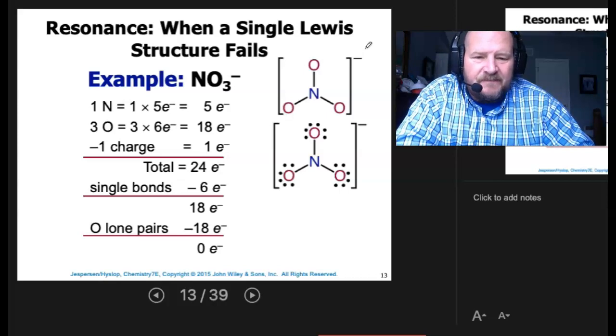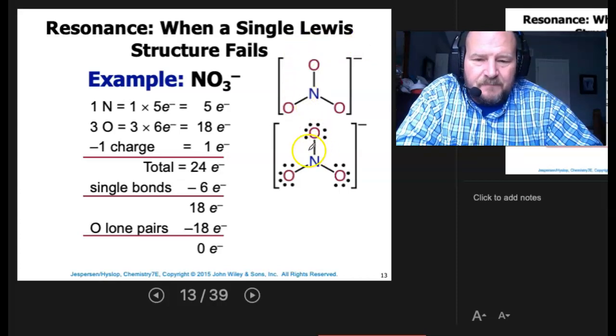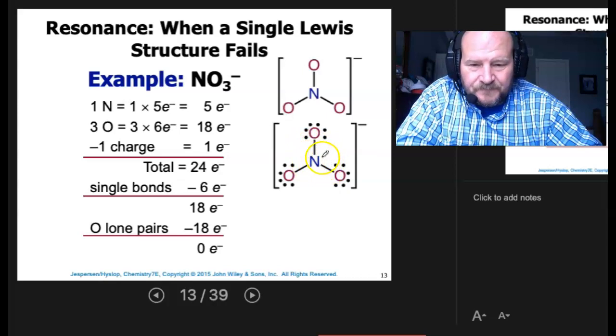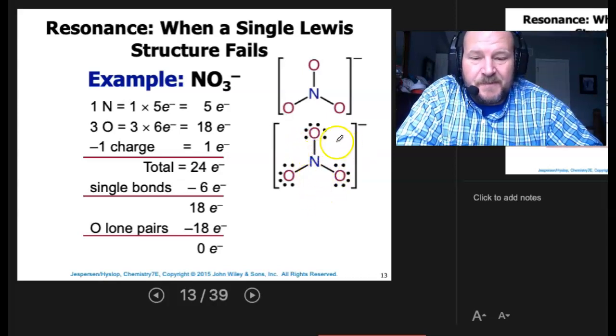Now when I calculate out formal charges, I can see that the nitrogen has 5 minus 1, that's 4, minus 3, that leaves me with a +1. Excuse me, a +2. Sorry about that. Let's try that again. We have 5 electrons for the nitrogen. We have 3 bonds and no lone pairs.